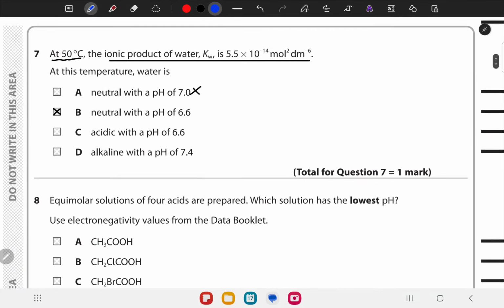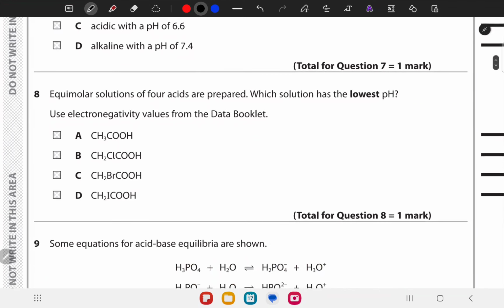So no matter the change in pH, water will always be neutral, so it must be between these two. We are not getting alkaline or acidic water just because the temperature changes, and since we are increasing the temperature, the pH value will decrease, so it won't be 7 anymore, it will be 6.6.